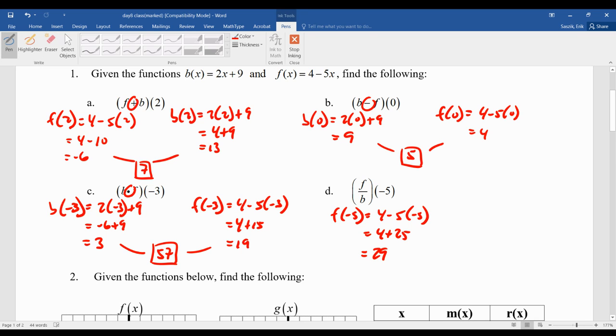That should be 29. B of negative 5. 2 times negative 5 plus 9. Negative 10 plus 9 is negative 1. We're asked to divide these things. Now remember, the f is on top, so it's 29 over negative 1, which of course is negative 29.